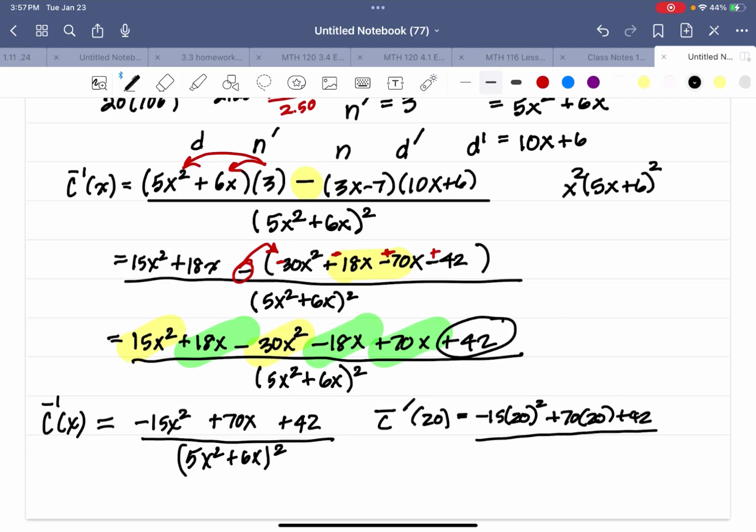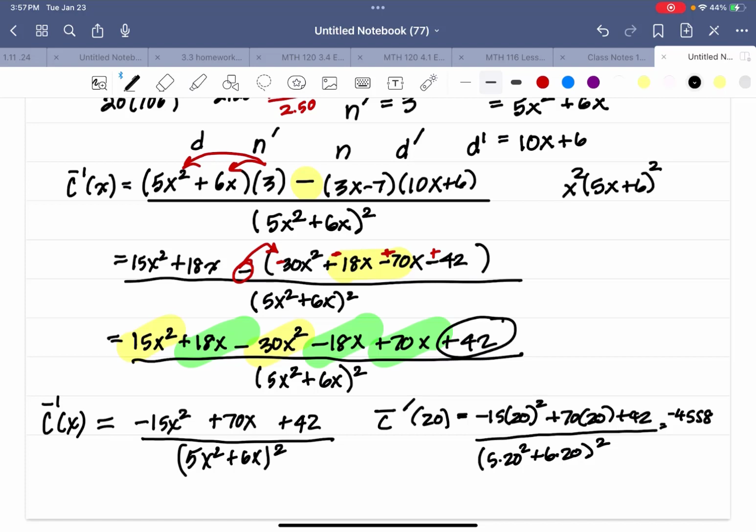I'm going to type that in my calculator just like that: negative 15 times 20 squared plus 70 times 20 plus 42. That's negative 4558, divided by 5 times 20 squared plus 6 times 20, all squared.